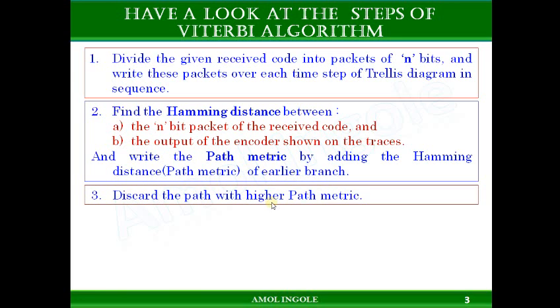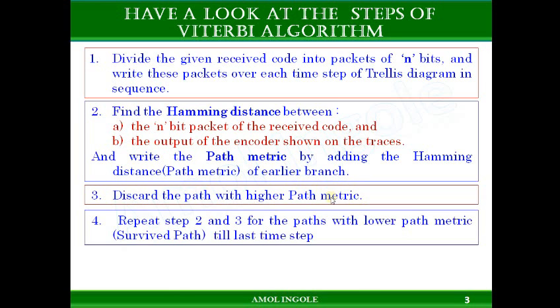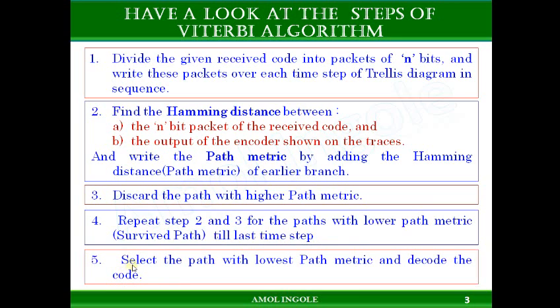Third step is discarding the path with higher path metric. Fourth step is repeating step 2 and 3 for the paths with lower path metric till the last time step. And the fifth step is select the path with the lowest path metric and decode the code. We're going to follow these 5 steps in Viterbi decoding. So let's start.